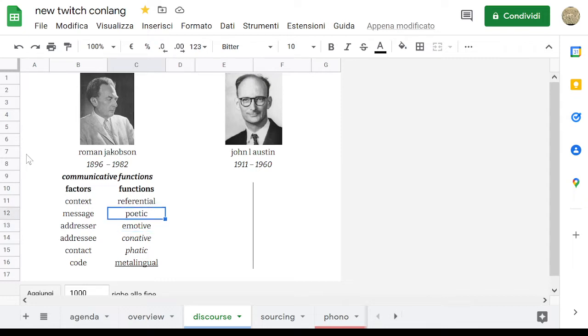Poetic. Well, I guess part of the goal of this language is to just be pleasing to me and fun to me. So part of it is the message for its own sake. But I do actually want to use this language for its function to refer to information about the topics I intend to use this language for. But maybe to an extent, poetic could come into play if I'm going to be wanting to use this language poetically.